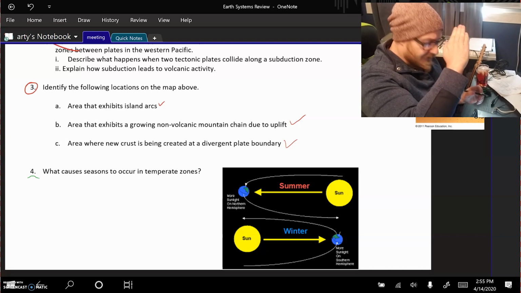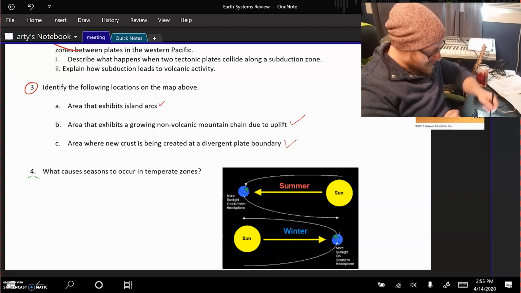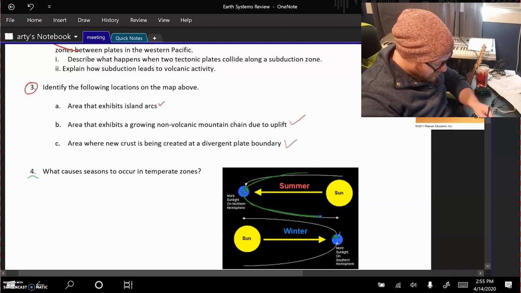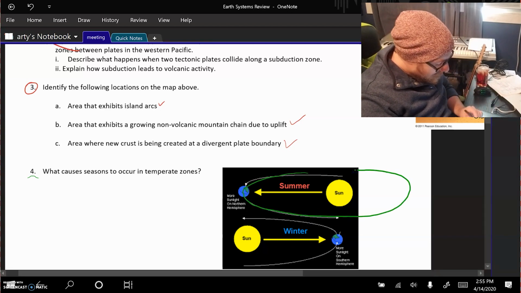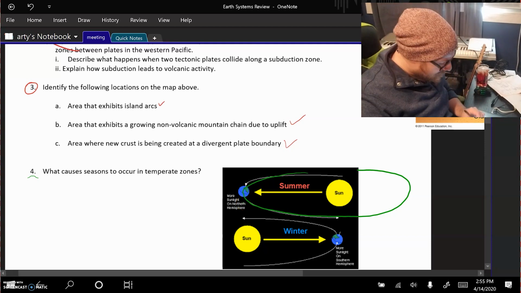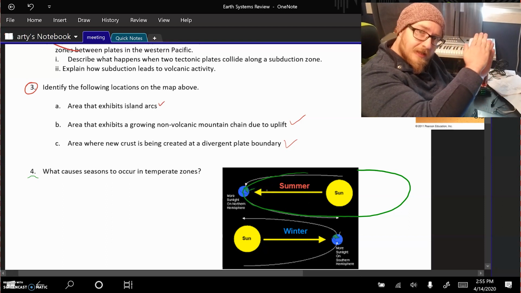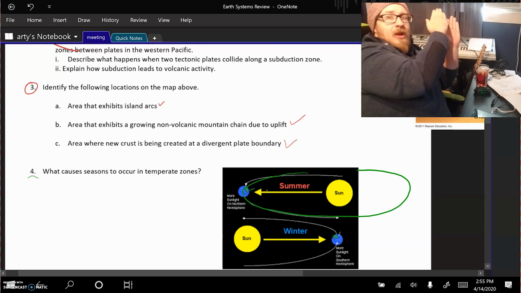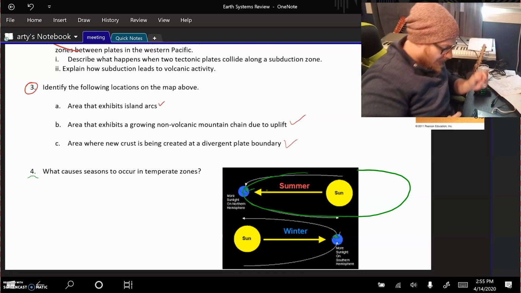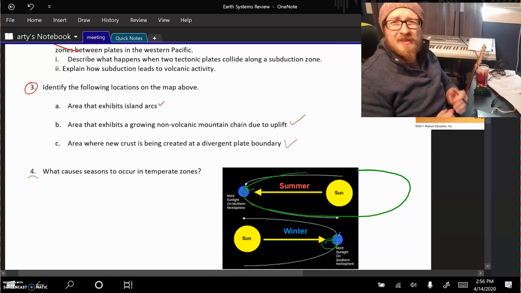So the Earth is tilted at an angle, and for one half of the year, right, as we go around the sun, during our summer, so in the northern hemisphere, our summer, the northern hemisphere is facing the sun. Now, as the Earth spins, the other half of the year, we are getting the southern hemisphere that gets more sun, and that's our winter.